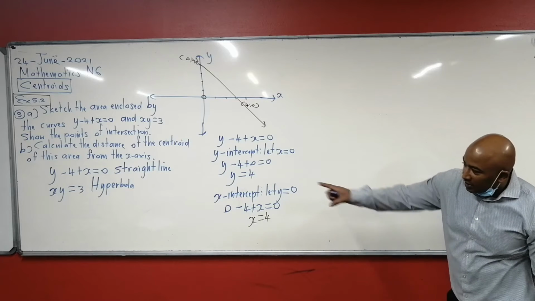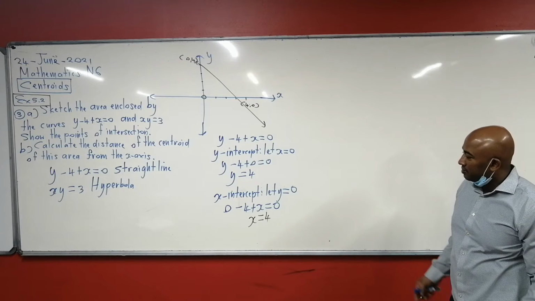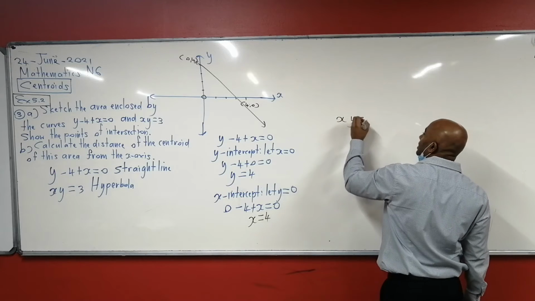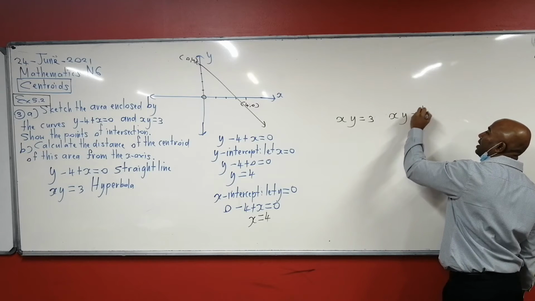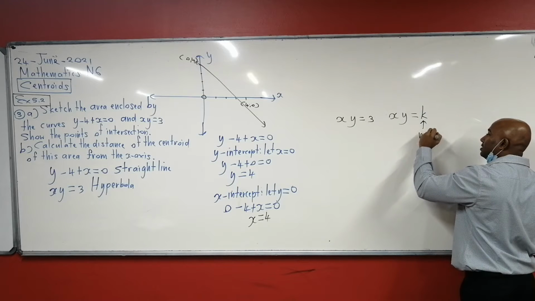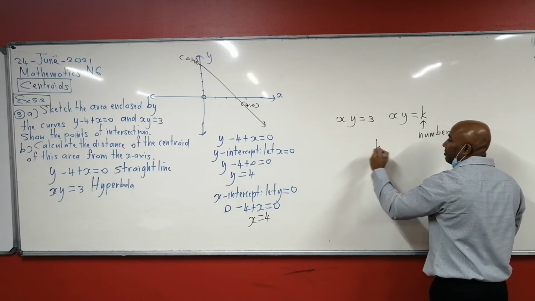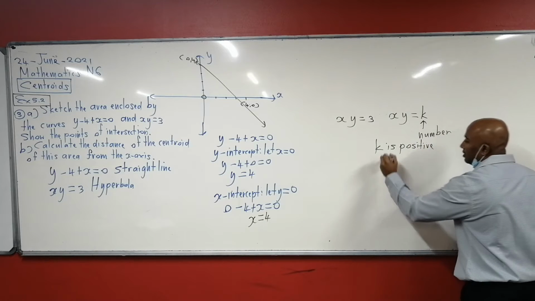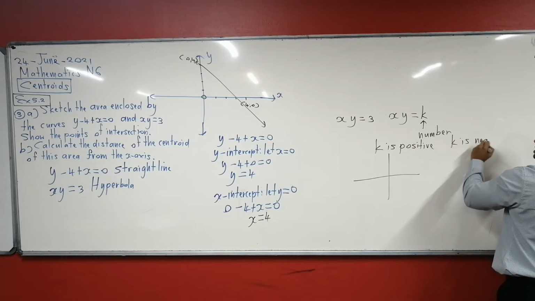Then we have the graph x times y is equal to 3. If x multiplied by y is equal to k, where k is a number, there are two possibilities: k is positive, or k is negative.